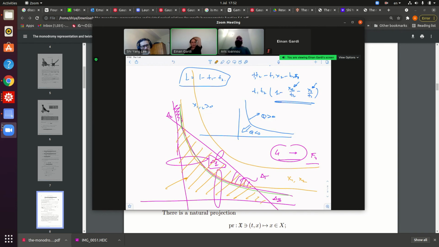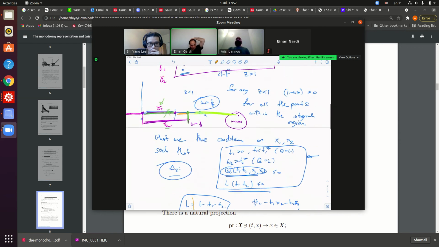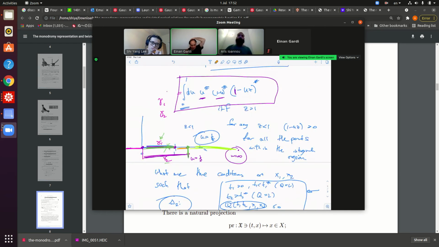No, but the branch point would always be at the point z equals 1, or 1 over z equals 1. So that would not change.